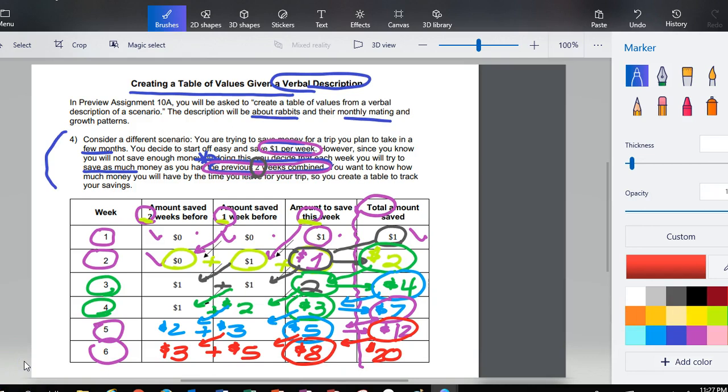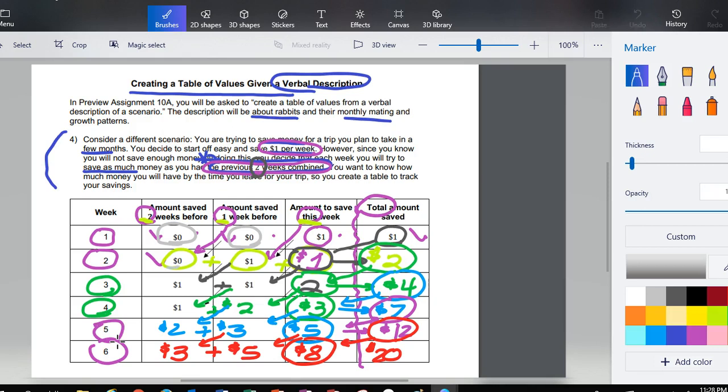Now I'm looking at parts A, B, C, and D, and I have busted on through those points. Looking at part A, it says, why does the first row have the labeled list, no dollars, for what has been saved for 2 weeks? And to reiterate that, first week, we haven't been going long enough to have 2 weeks passed. And we haven't been going long enough to have 1 week passed.